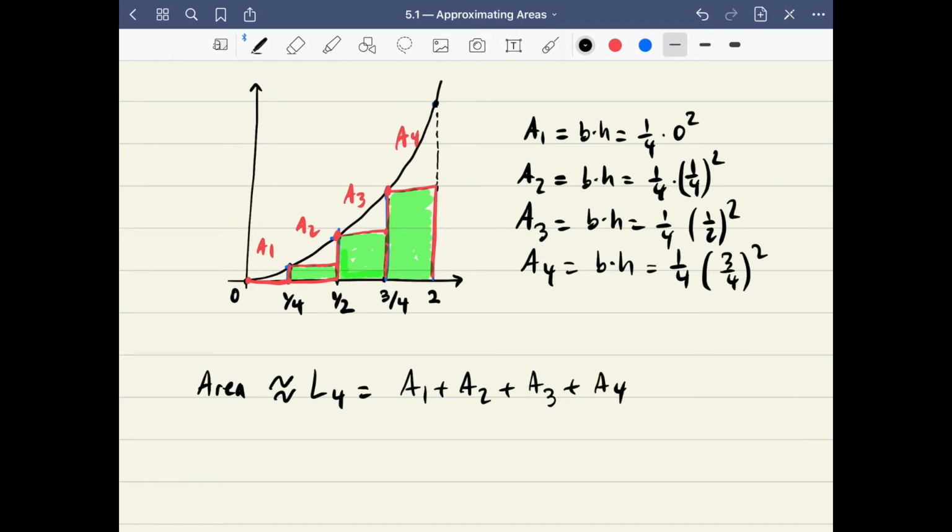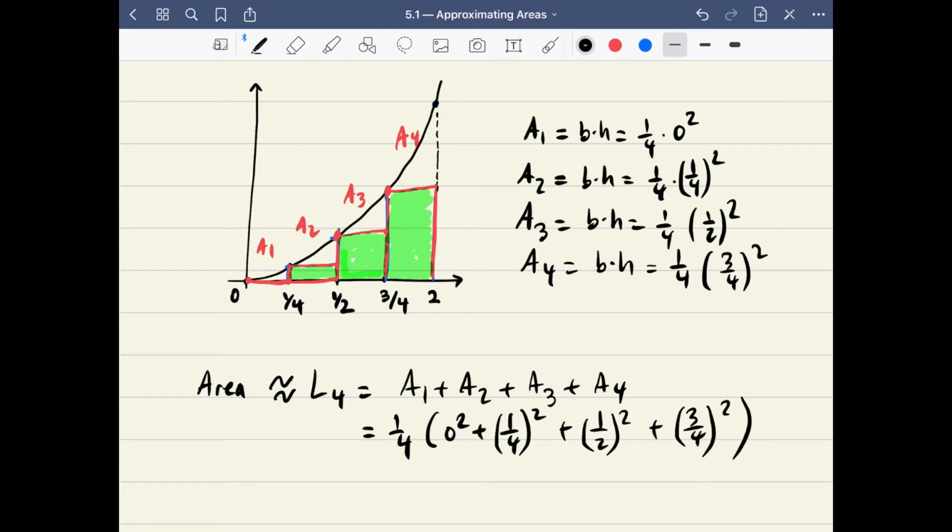Okay, and this is equal to 1 over 4 times 0 squared plus 1 over 4 squared plus 1 over 2 squared plus 3/4 squared. All right, so if you calculate this, let me just make sure. So this is 1.75.